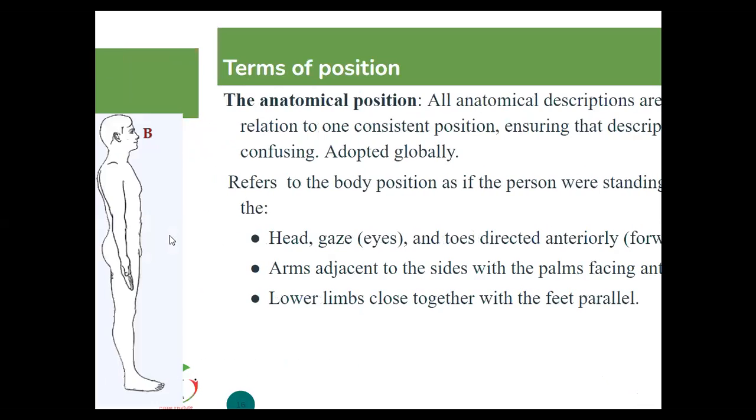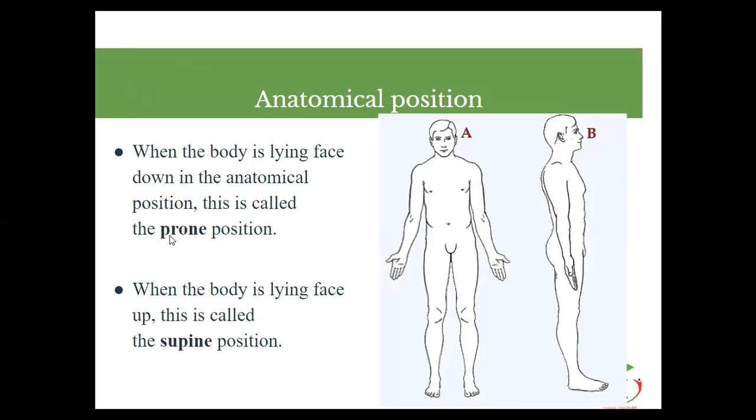So anatomical position is when you have a person standing upright with the face facing forward, with the palms facing forward too, and the legs close together. So the images that you see are what you call anatomical positions.